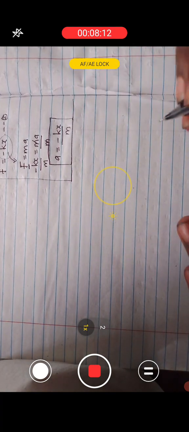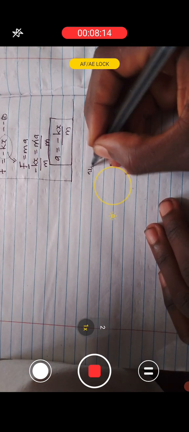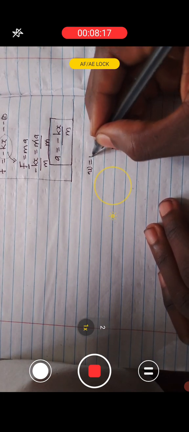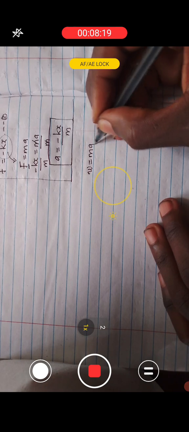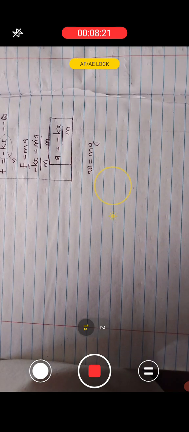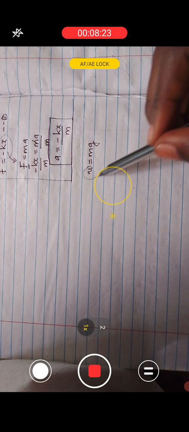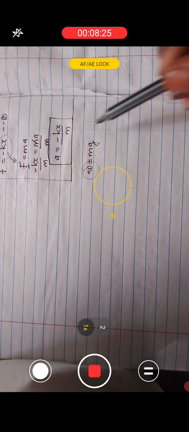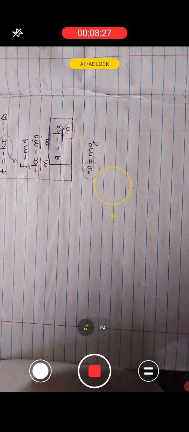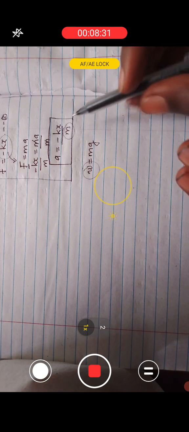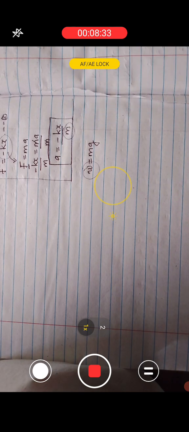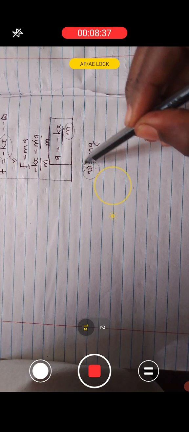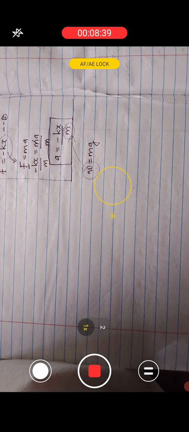Yeah. So we know that weight is equal to mass times gravitational field. But in our equation, we don't have weight, we only have mass. And the formula we need has weight, not mass. So we need to make weight come into this formula.